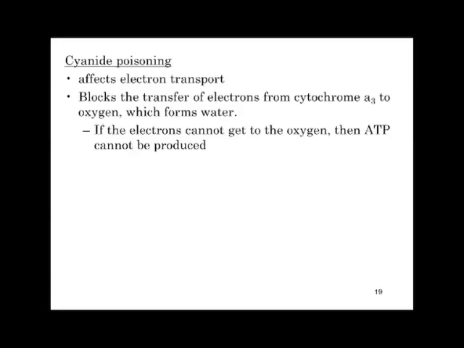And then eventually that gradient runs out. ATP can't be produced. For a short period of time, the cell can produce small amounts of ATP anaerobically, but that doesn't last forever, and eventually the cell doesn't produce ATP, and the cells die, and when all the cells die, you die.